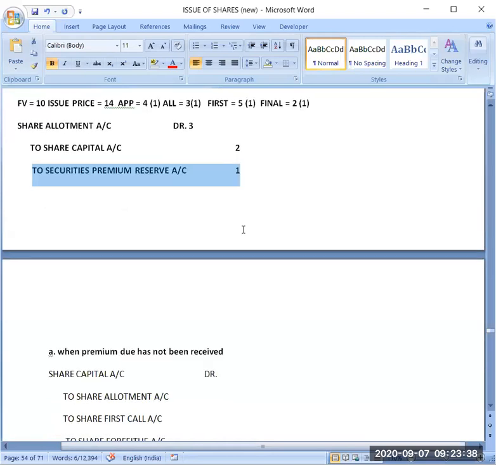So if I want to reduce securities premium reserve account, how can I reduce it, by debiting it or by crediting it? Yes, very good. If I have not received the premium, then I would have to debit securities premium reserve account also.